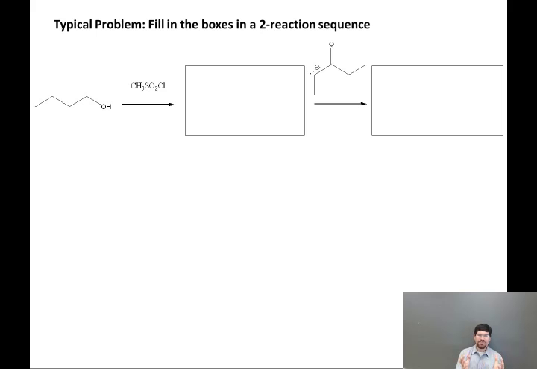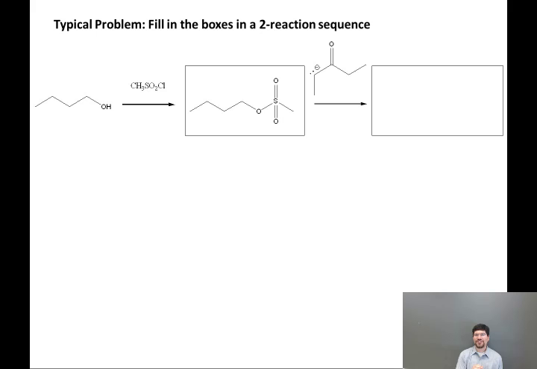This problem tells you to start with butanol and react it with mesyl chloride, and the product of this reaction is going to be the mesylate. If I were giving this to you on an exam or a homework problem, I would have to include a base also, but I'm just giving you the outline on this slide. So in the first box goes the mesylate, and then over the second arrow is a nucleophile. This is an enolate ion, remember those?